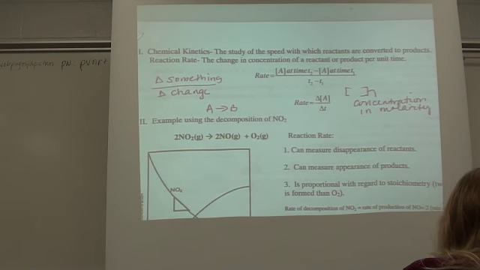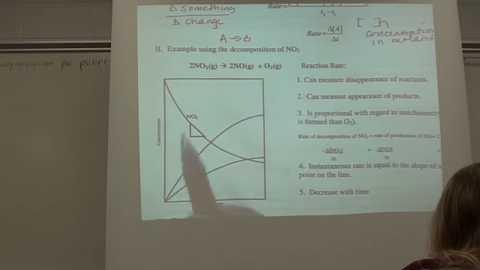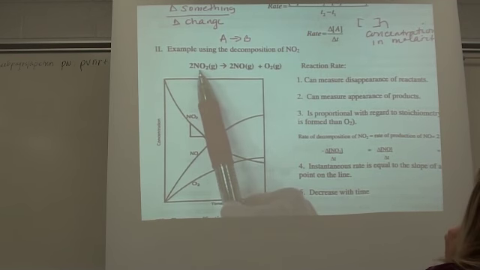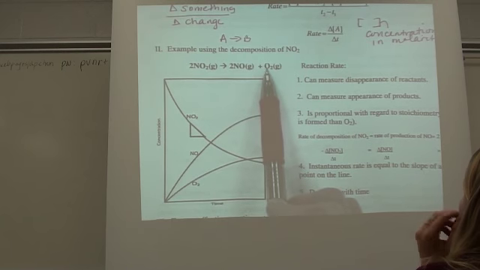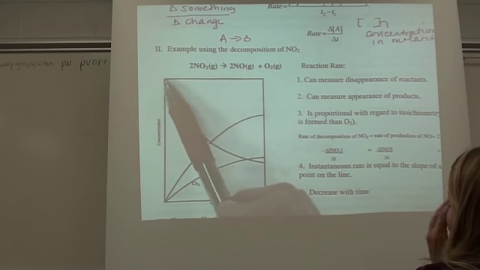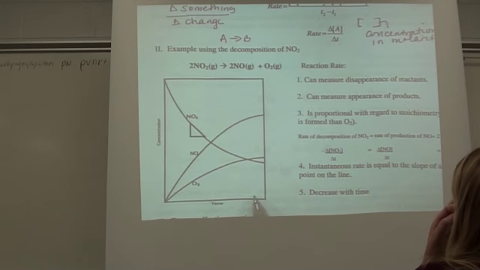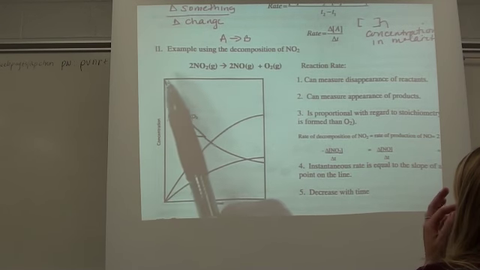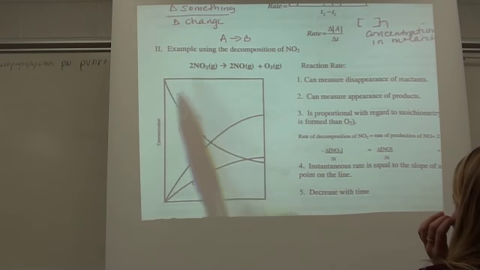All right, let's look at this graph. This is for the reaction 2NO2 decomposing into 2NO plus O2, and we have graphed concentration on the y-axis and time on the x-axis. At time equals 0, all the concentration is due to the reactants.